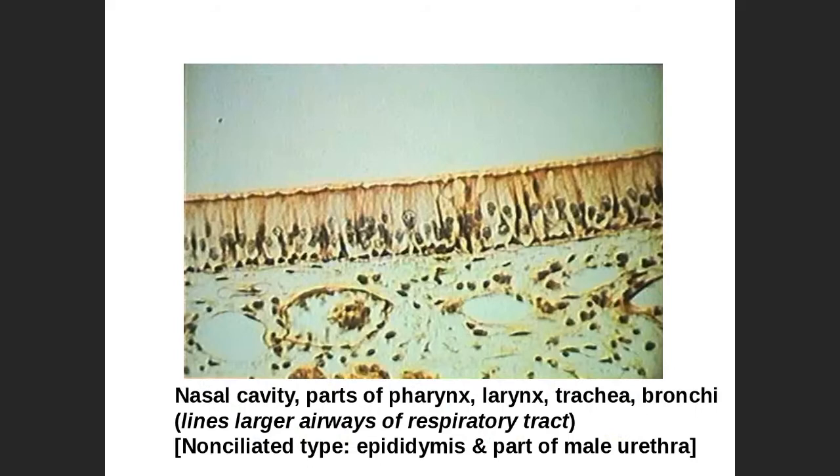So we're going to see this type of epithelium in a lot of areas that have to do with our respiratory tract: the nasal cavity, your mouth, some parts of your throat, the pharynx, your voice box, the larynx, the windpipe, the trachea, and some of the bronchi. So you're going to see it mainly in the larger airways. Keep in mind that the pseudostratified ciliated columnar epithelium is going to be mainly associated with the respiratory system.